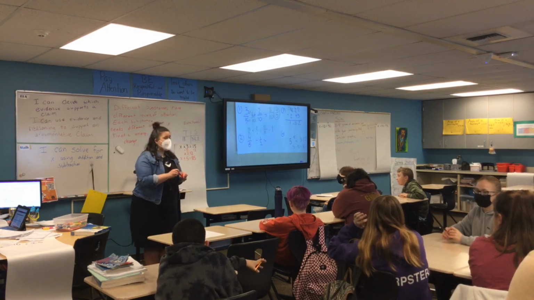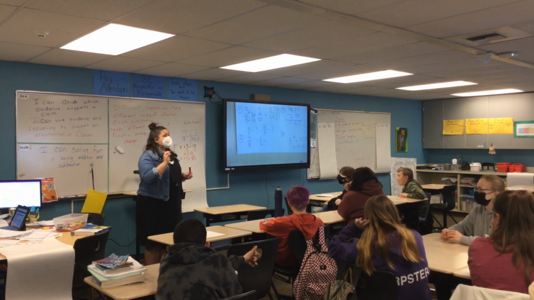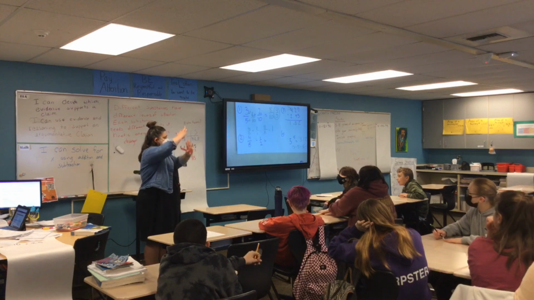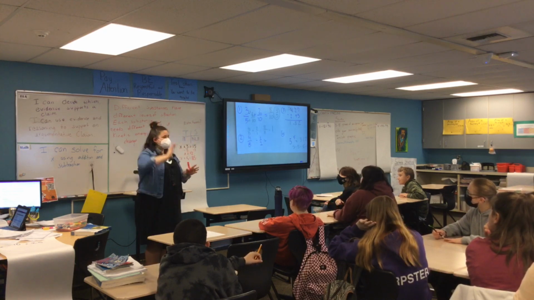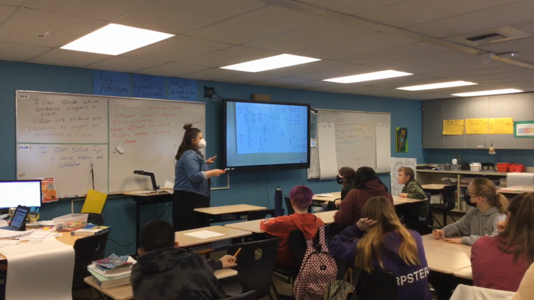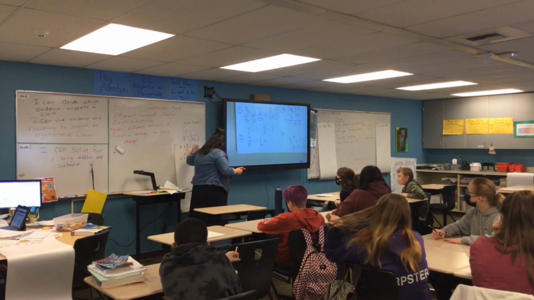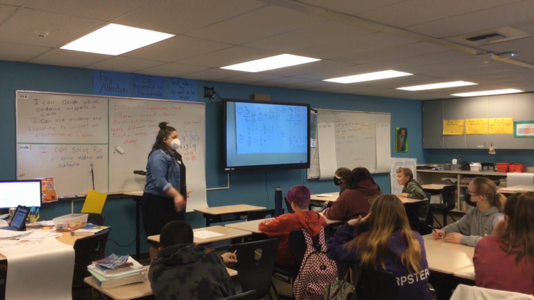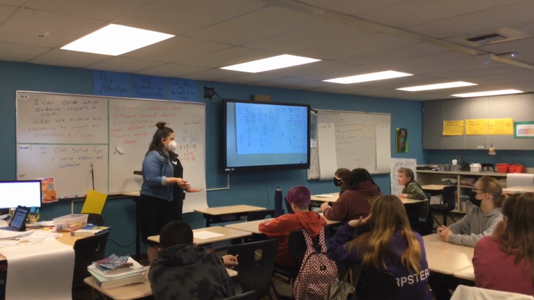I also noticed yesterday that some of us got a little all over the place in our writing, and the goal is that we're starting at the top of our page and moving down to the bottom of the page. If we've used all of the page, we can flip it over and use the backside.